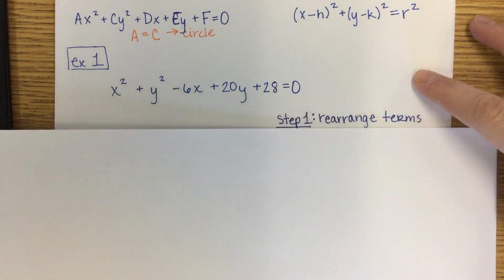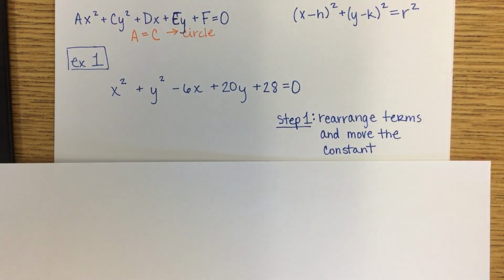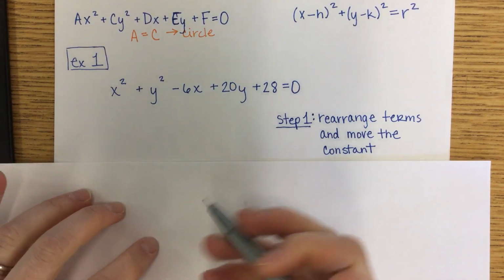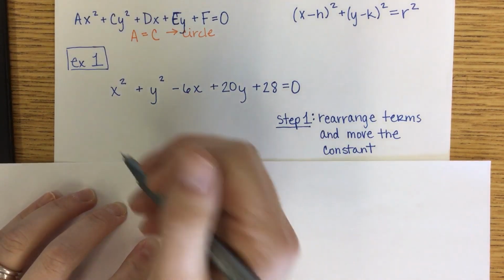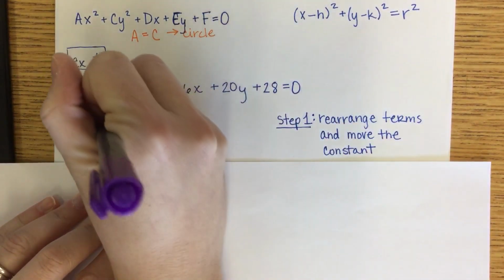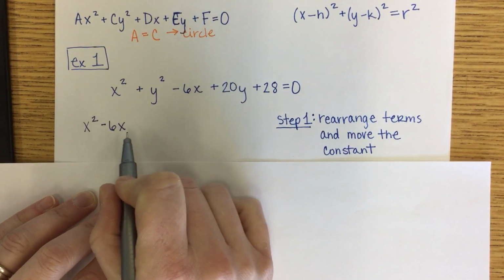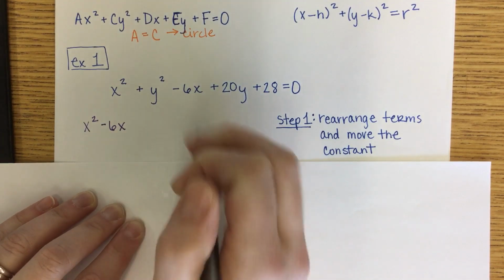Now, when we take this equation and switch it to standard form, the first thing we are going to do is rearrange our terms and move the constant. So I'm going to have the terms with x's come first: x squared minus 6x, and then I'm going to leave a little space here because we're going to have to put something there.